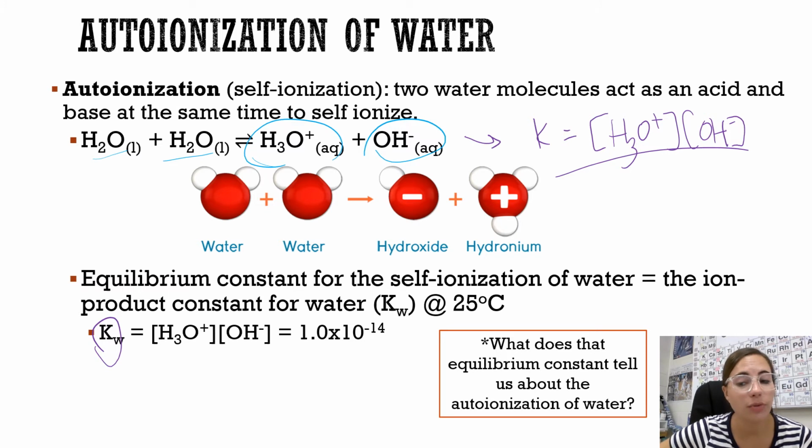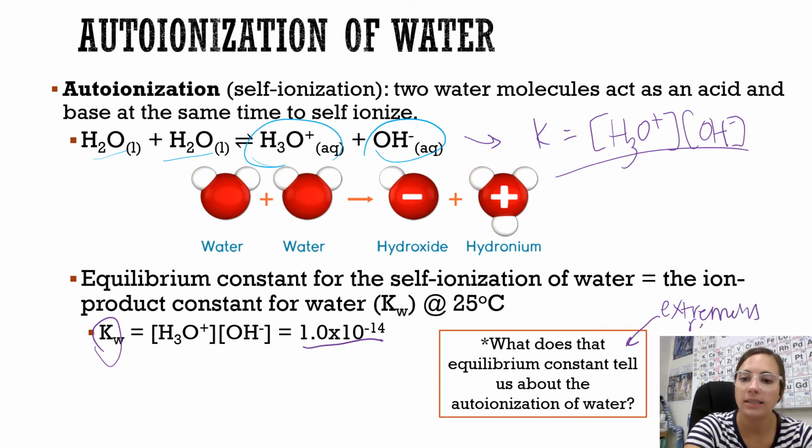So if you remember in regular chemistry, you learned that Kw equals 1 times 10 to the negative 14. But you didn't really know what K was, and that was okay for the time being. But now we can interpret that with a K of 1 times 10 to the negative 14, this equation is extremely reactant favored.